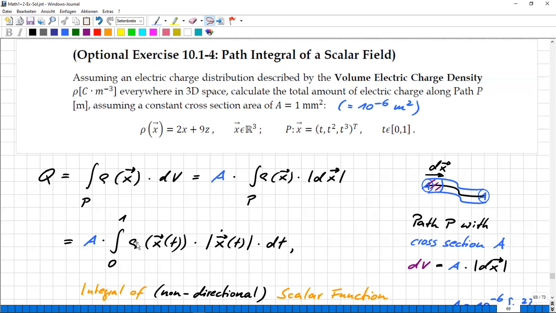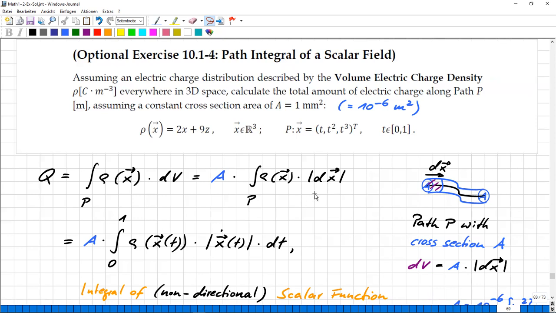Then we evaluate the rho function of x vector of t, which means we calculate the valid volume electric charge density for a corresponding value of variable t by, as always, filling in the 3 different components of the path radius vector function into the appearances of coordinate x, coordinate y, which doesn't appear, and coordinate z in the rho function. So that's what I'm doing.